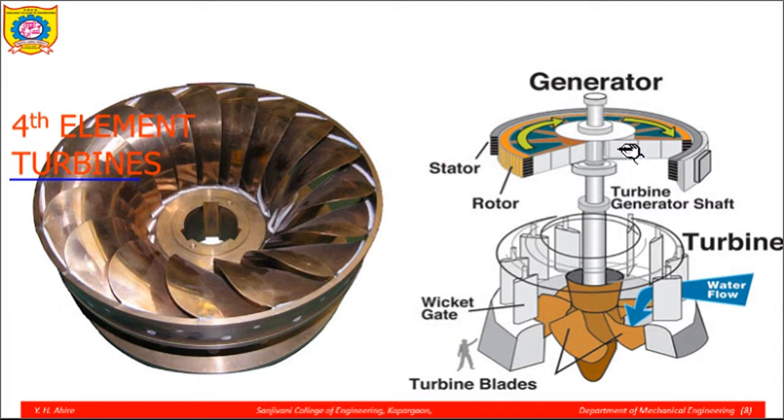Okay, and the water flows through the blade passages of a water turbine. While flowing down, the work is done by the water on the turbine. So the turbine will start rotating. This rotational motion of the turbine is given to the generator.